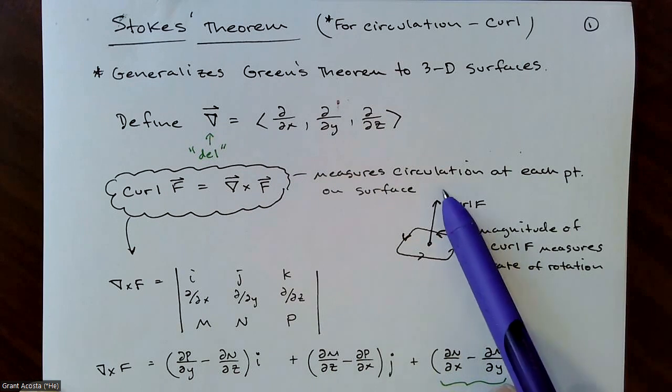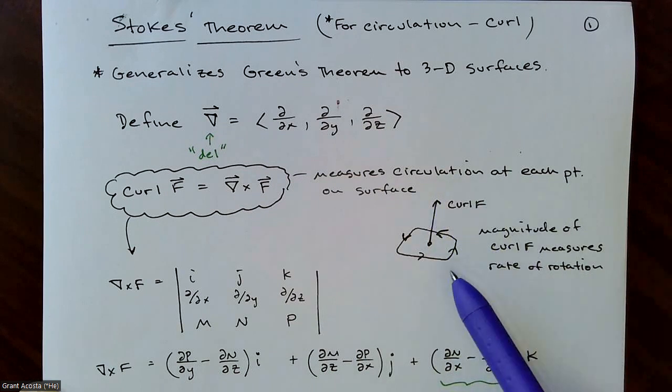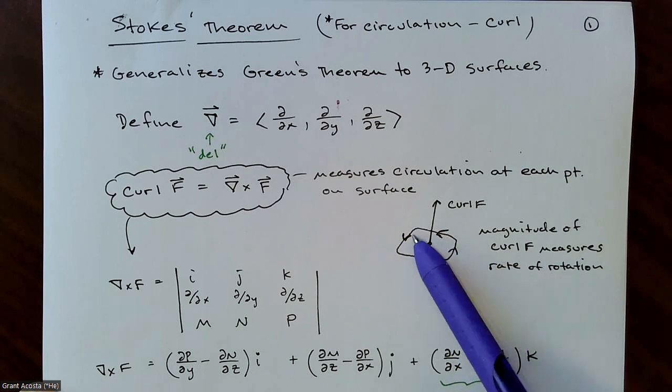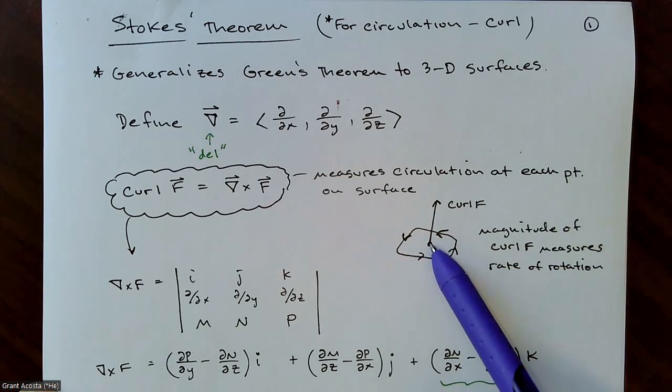What that does is it measures the circulation microscopically at any given point, the tendency for that vector field to cause rotation. Counterclockwise we'll define as positive rotation.